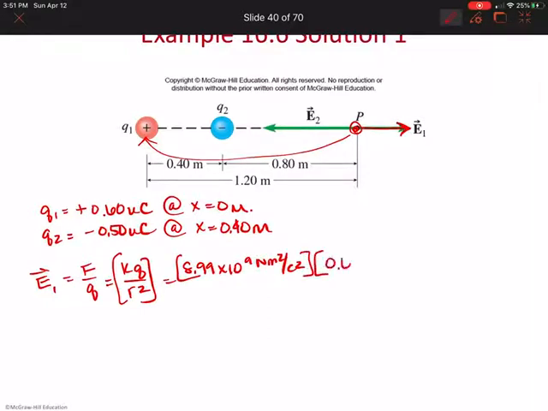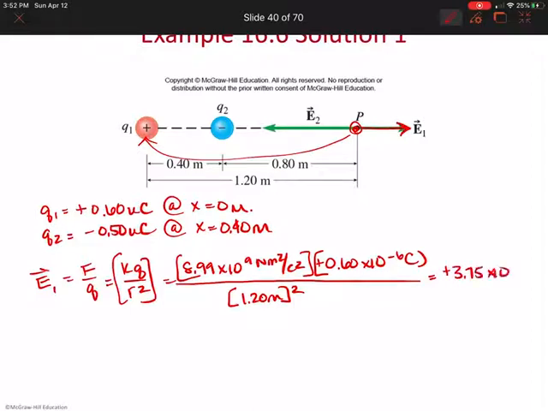We've got the charge, and micro is 10 to the -6. We've got the distance, which is 1.2 meters, and it's squared. So keep that in mind. And you end up getting, oh, and this was positive, by the way, so you end up getting plus 3.75 times 10 to the third newtons per coulomb.